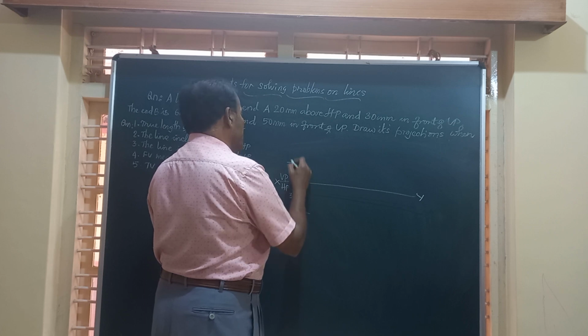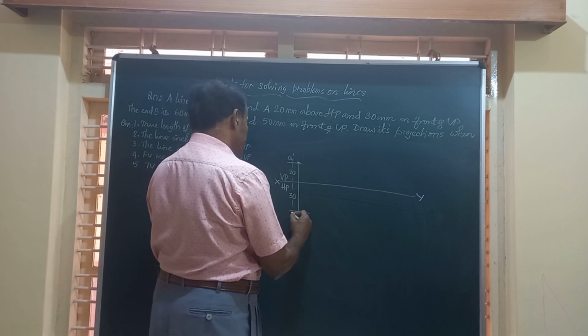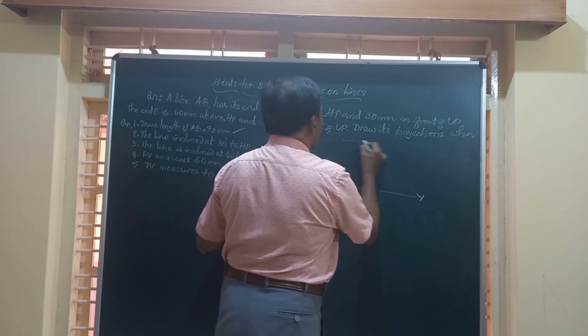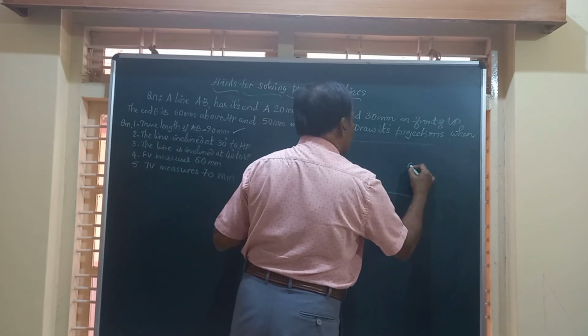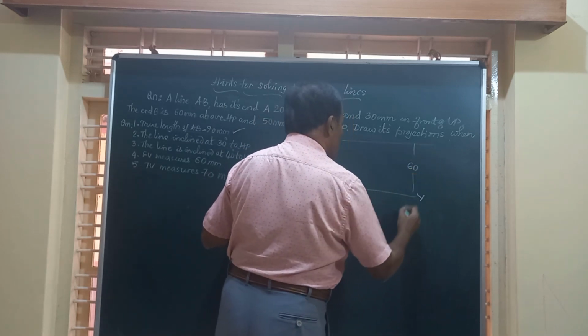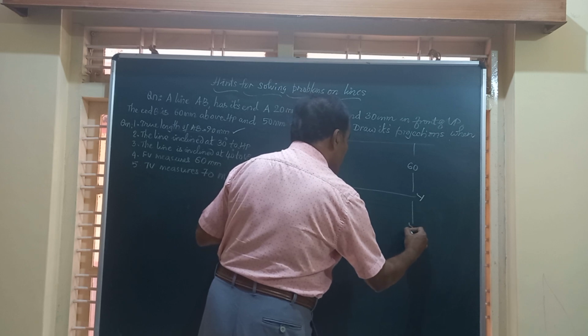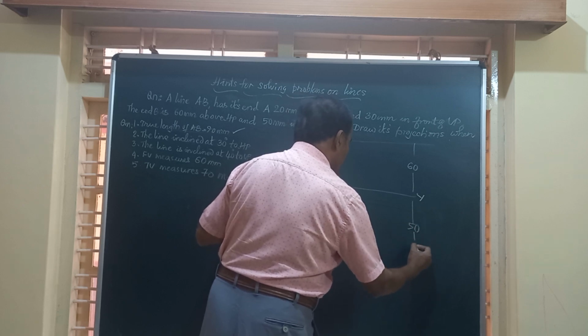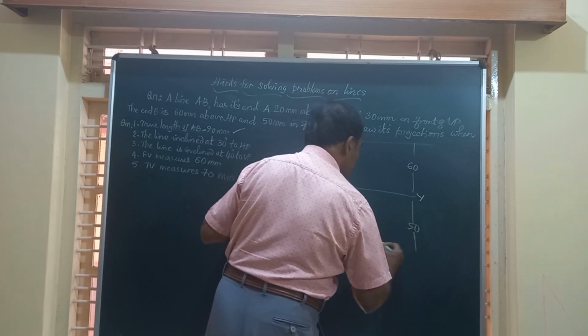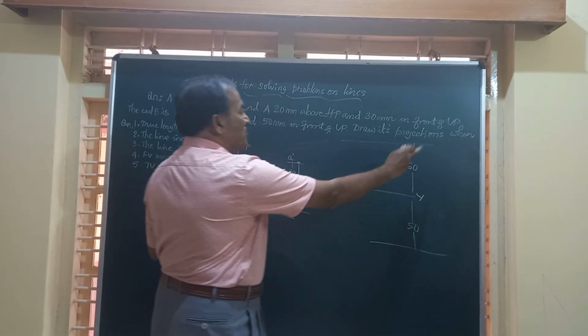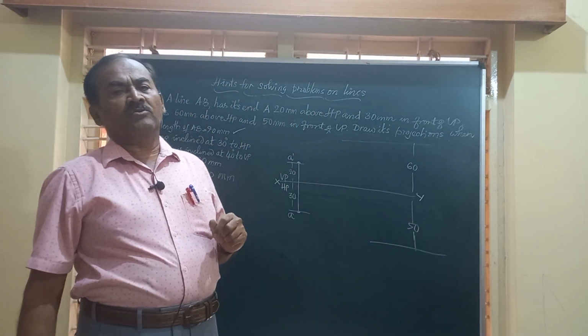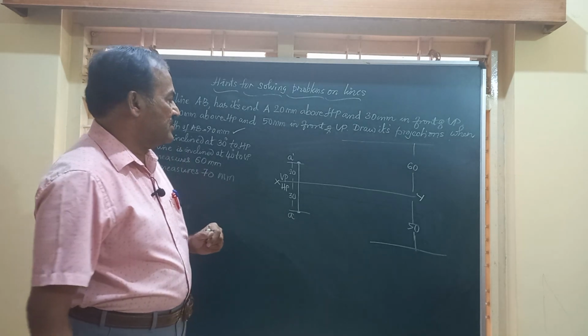These are the ends, so call them A dash and A. The locus of the end B is 60 millimeter above HP and 50 millimeter in front of VP. These two horizontal lines are the loci of the ends.